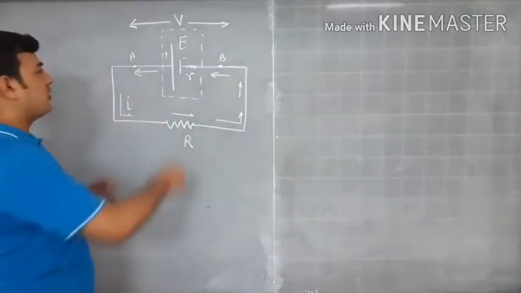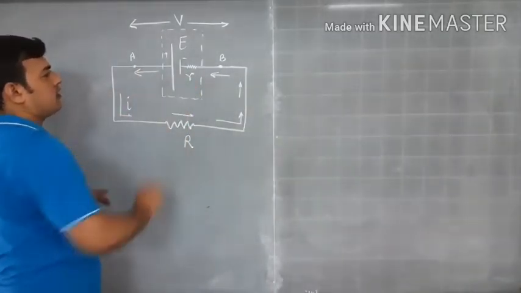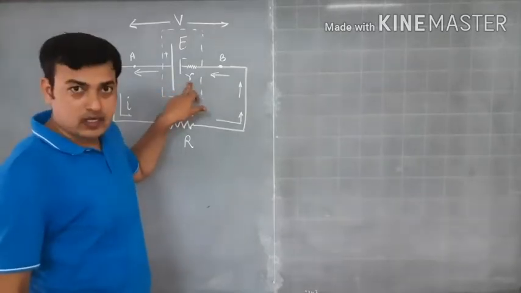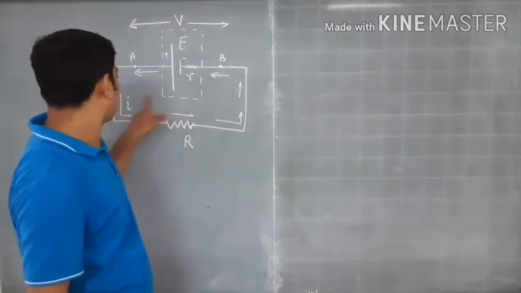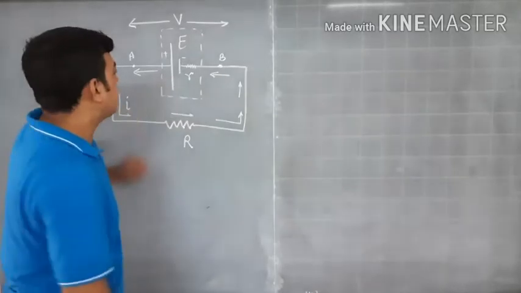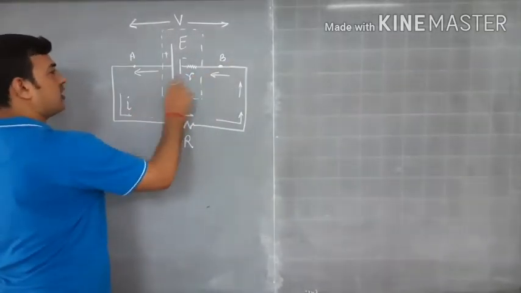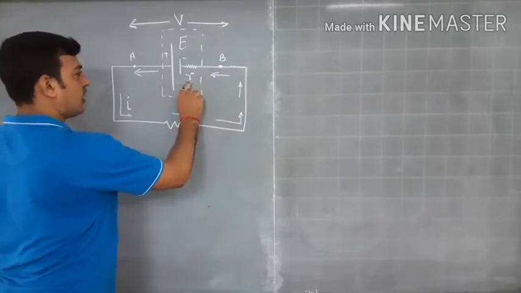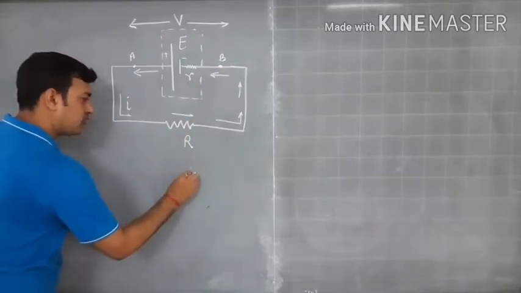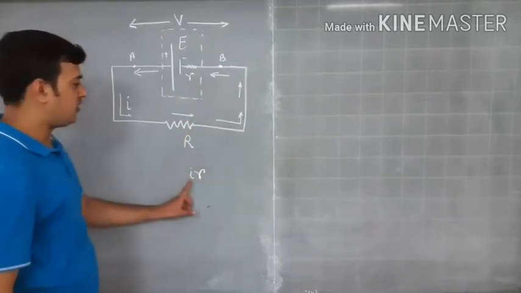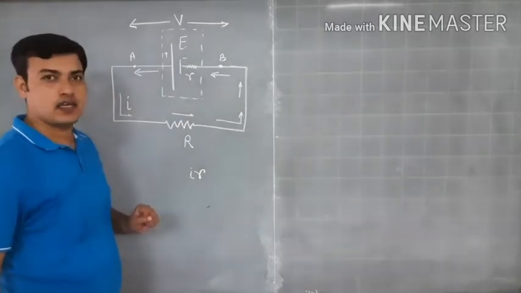If this is a resistance and it follows Ohm's law, then it will be constant irrespective of the current in the circuit. So suppose that current flows from B to A, and when this current flows through this internal resistance R, it will experience a drop of potential IR inside the cell.